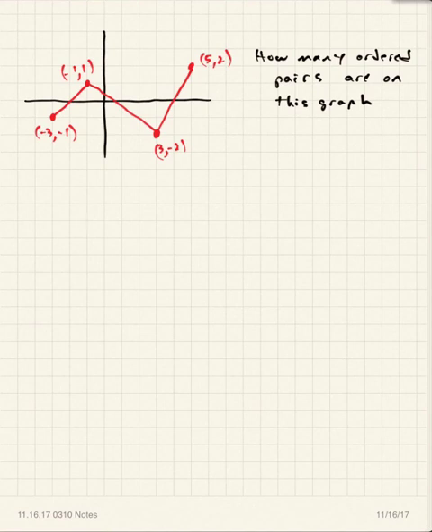There's no arrows there, nothing like that. This is definitely an infinite set of ordered pairs. So how many ordered pairs are on this graph? It's an infinite set right here. Now the next question is, is this a function or not a function?